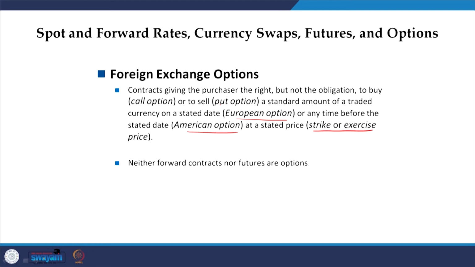So, the sale option is called a put option in the stock market, and buy is called a call option. If you are trading options in the stock market and you simply say call option, that means you are buying. And this gives the right to the purchaser, not the obligation. So, neither forward contracts nor futures are options, because options have all those important features. They are not similar to options.